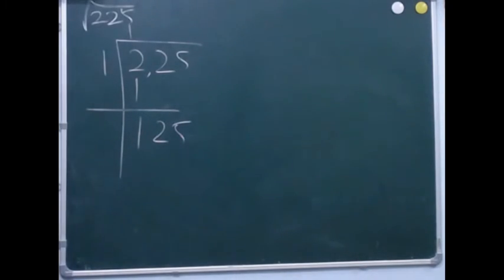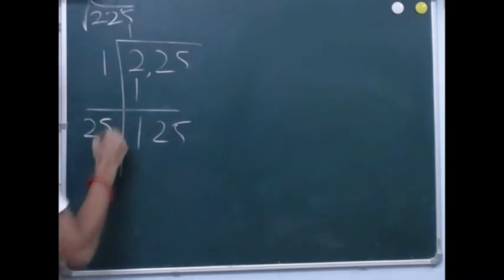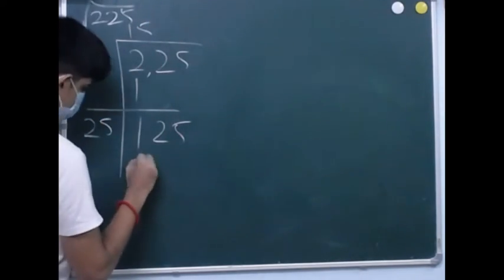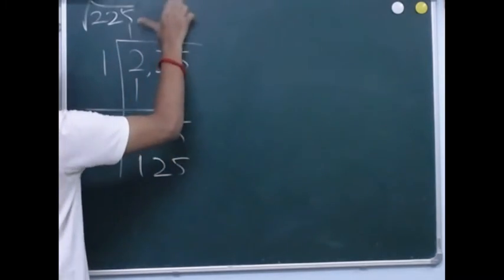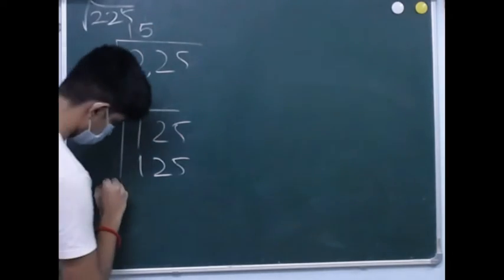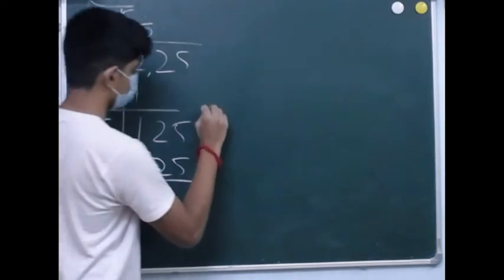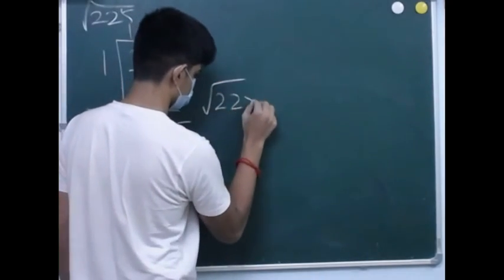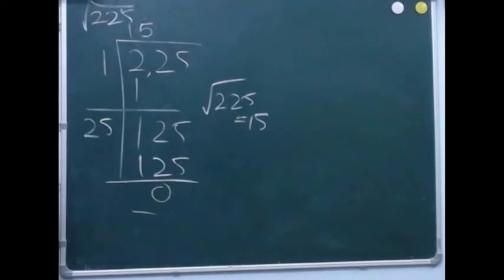Then what you are supposed to do? 2. Now what is the perfect square within that? If I put 5 properly, now you are able to get the remainder 0. Got it? And what is the perfect square? So what is the square root of 225? The square root of 225 is 15. Got it? Right, go. You come.